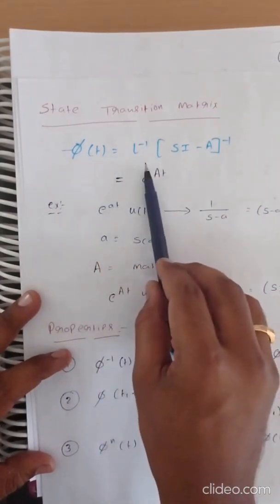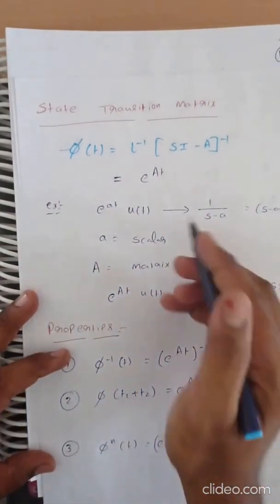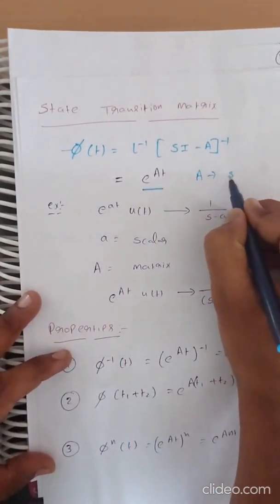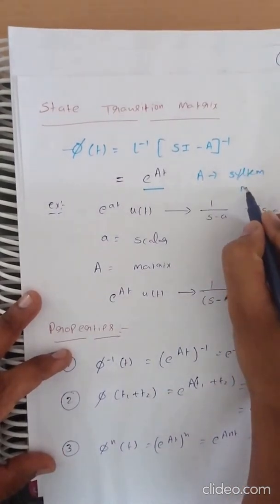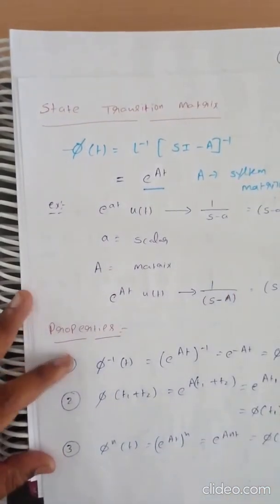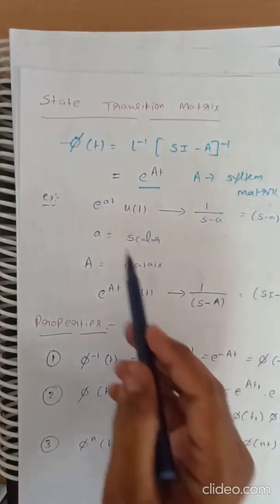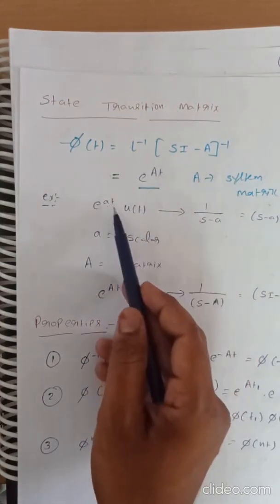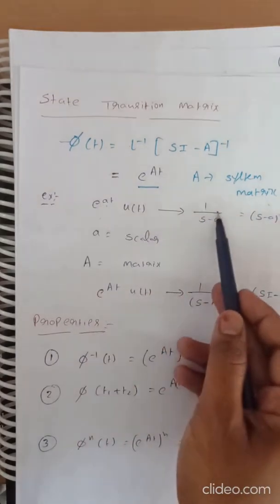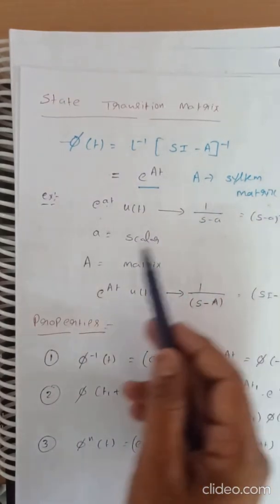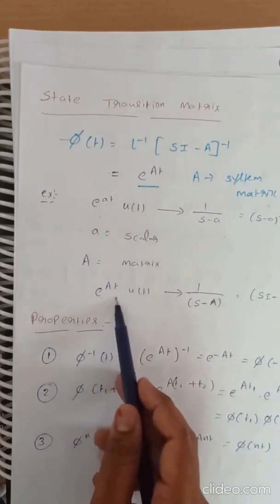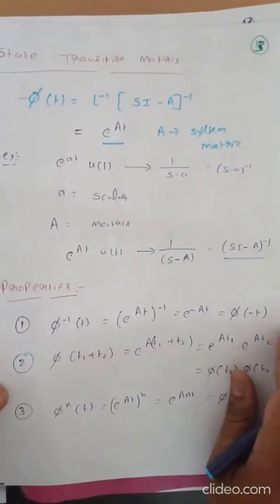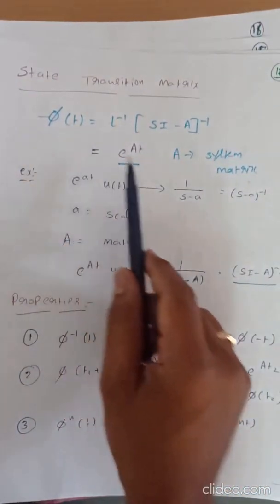We know phi of t equals L inverse of (sI minus A) whole inverse, which is also represented as e power At. Here capital A is the system matrix, remember that. Why can we represent it as e power At? We know e power at, where a is a scalar and here A is the matrix. The Laplace transform of e power at u of t gives 1/(s minus a), that is (s minus a) whole inverse. Here a is a scalar; for the capital A matrix, if we apply it to e power At, we receive the same thing, (sI minus A) whole inverse. That's why we represent the state transition matrix phi of t as e power At.